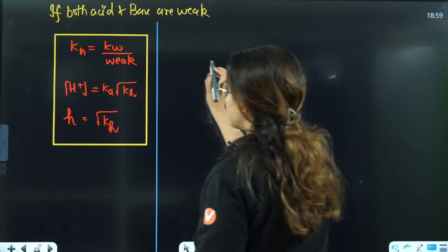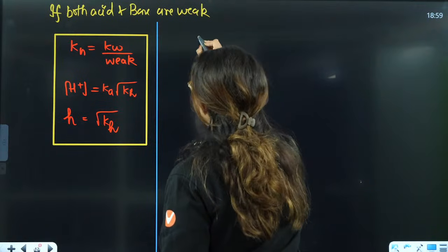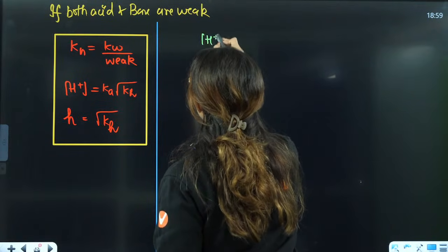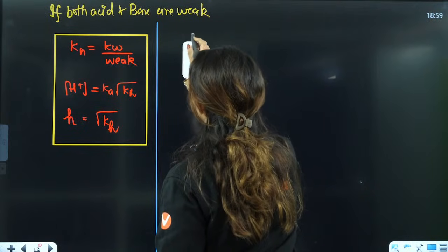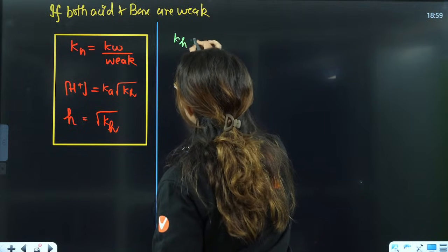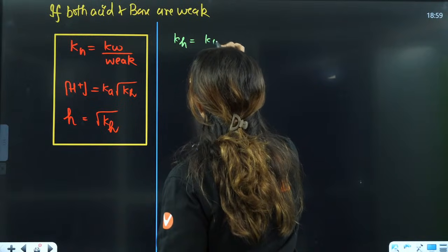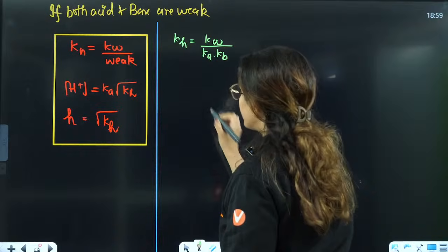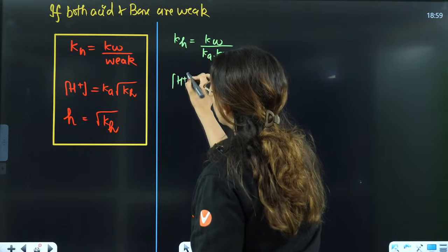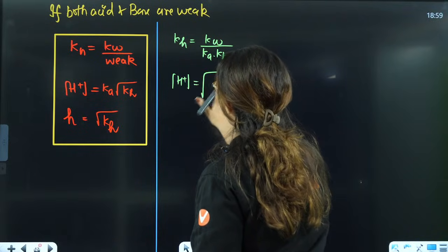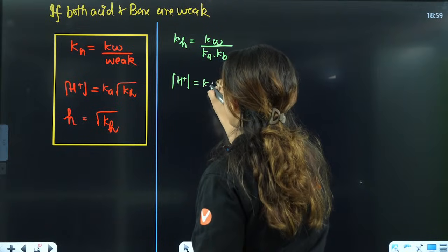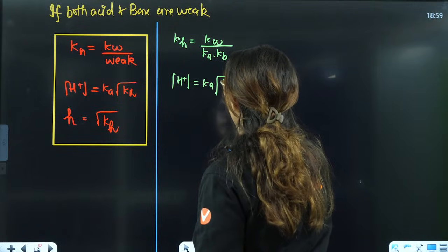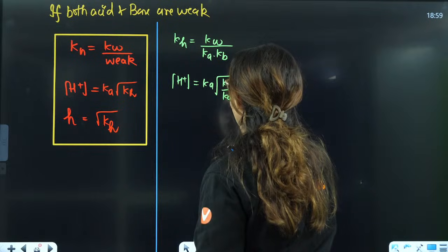If you see this here, H positive is equal to, what is the value of Kh? Kh is equal to Kw by Ka into Kb, because both are weak here. H positive is equal to under root of Kh.